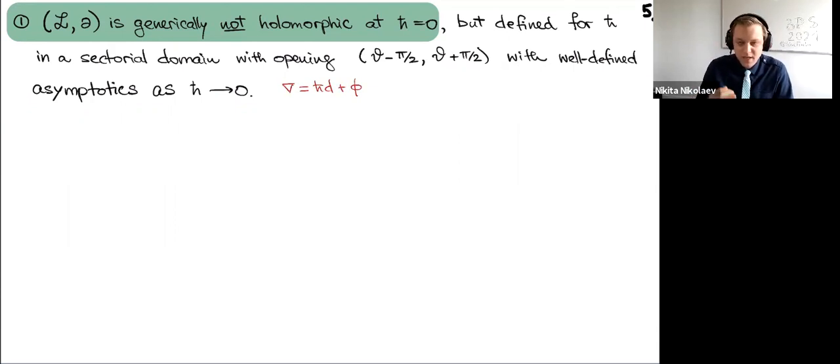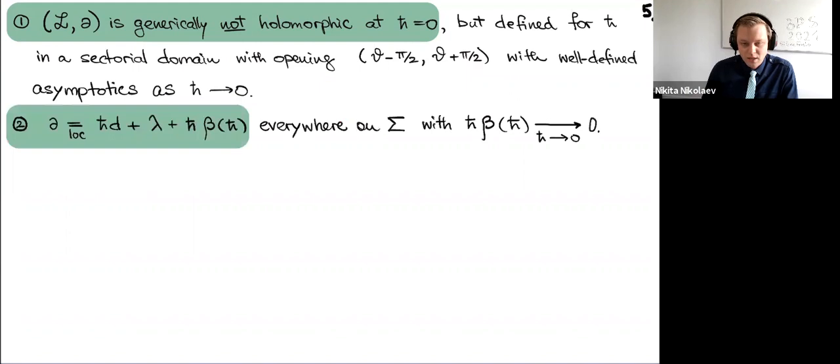But it's going to be defined in these sectorial domains, with opening being a half plane, bisected by this generic phase that I've picked, theta. And they have well-defined asymptotics, so it still makes sense to take limits. Of course, you need to define what it means to take a limit of a line bundle or a vector bundle, but you can make sense of all this. Okay, so that's remark number one.